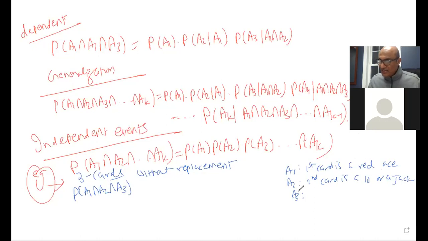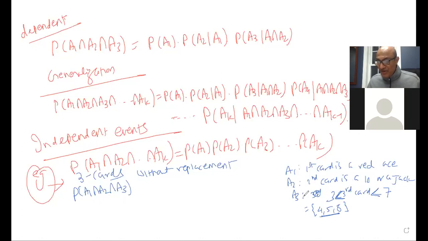A3 is the event that the third card is greater than 3 but less than 7. So how many elements are there in A3? Greater than 3 and less than 7, that means you have 4, 5, and 6. 3 numbers are there in A3.